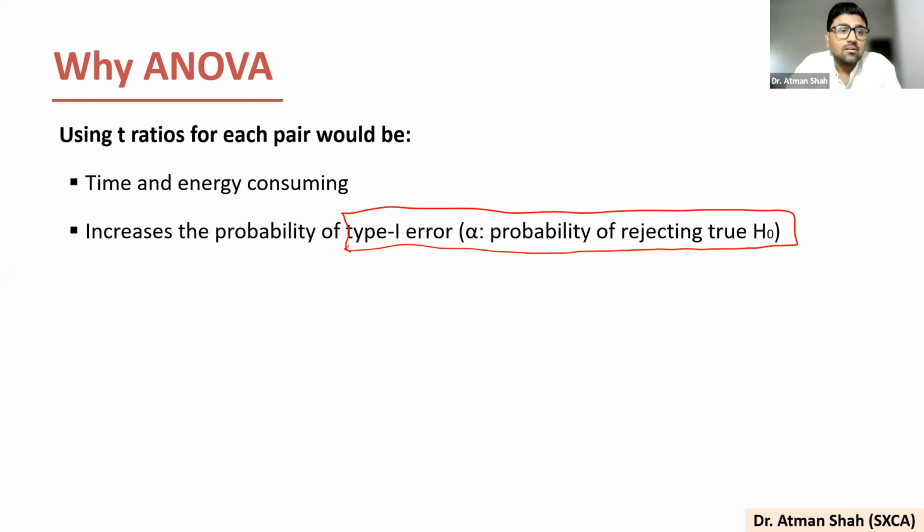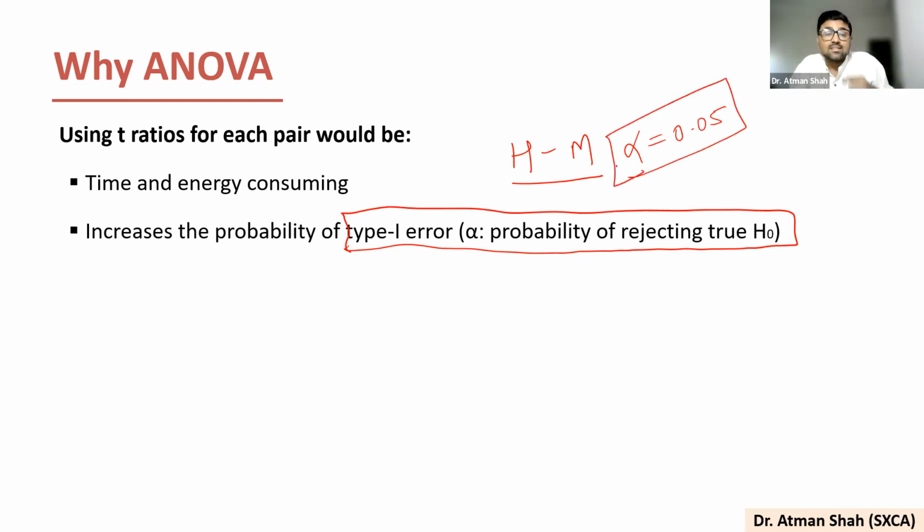Let me try to explain this. Suppose you are performing a t-test for the Hindu and Muslim pair. When you perform the t-test, your alpha is 0.05. So there is a 5% chance that you are rejecting a true H naught. Then you are performing another t-test for another pair. So every time you perform the t-test, you are committing 5% error.